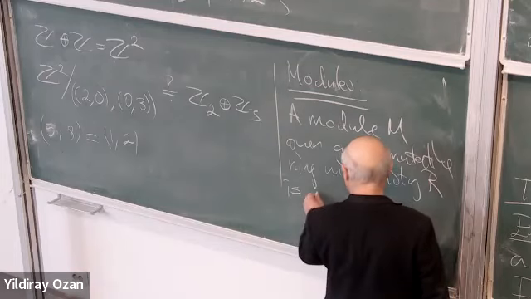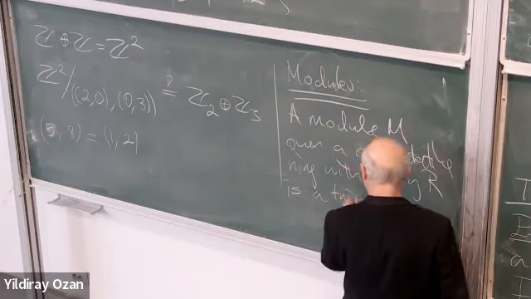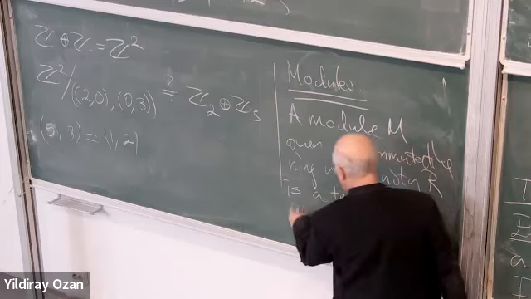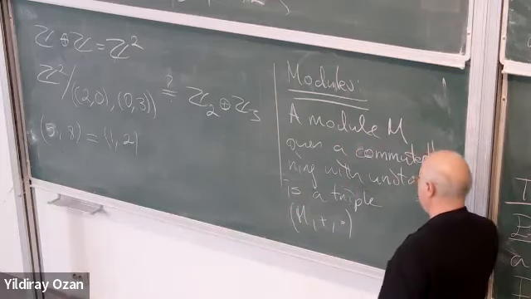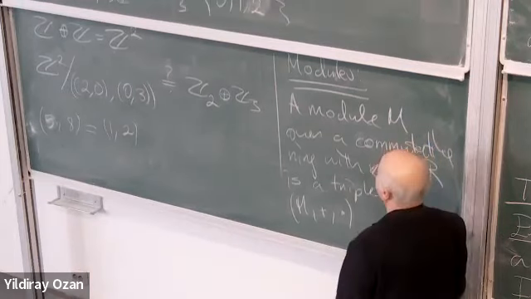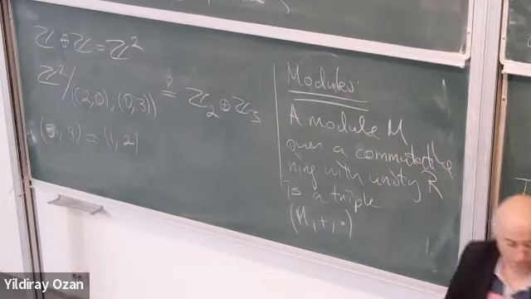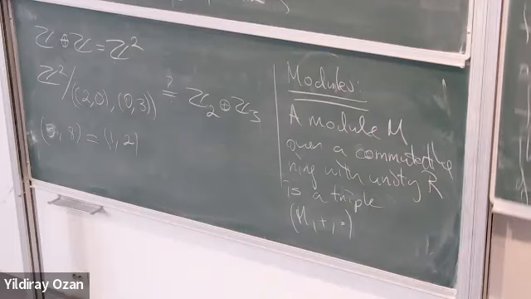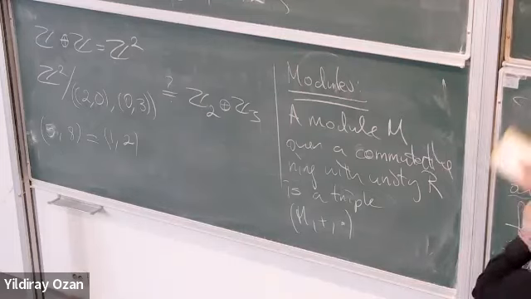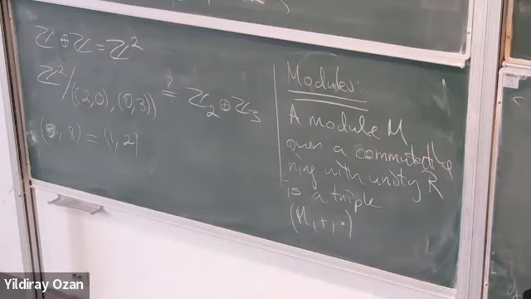Okay. The triple M, plus, times, yani vektör uzayı gibi iki tane işlem var. Vektör uzayının aksiyonlarını yazacağım. Ama işte field yerine sadece ring var.